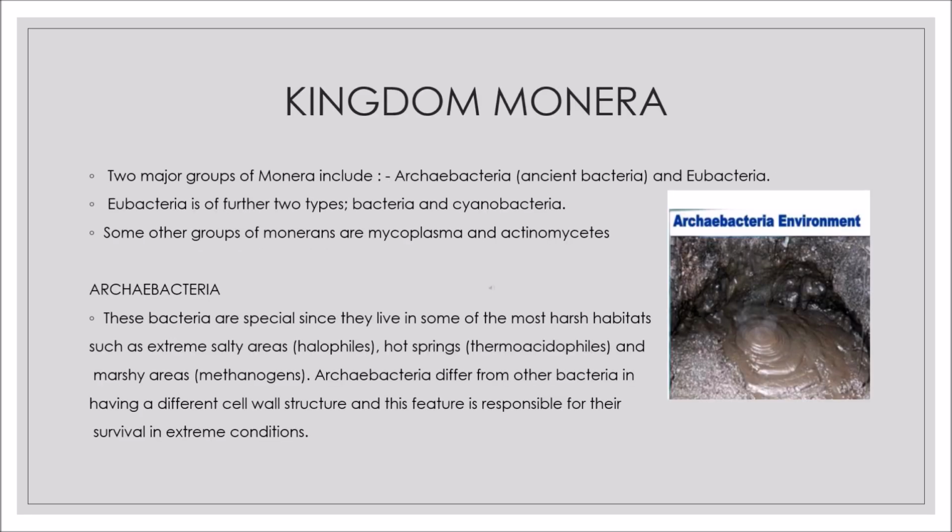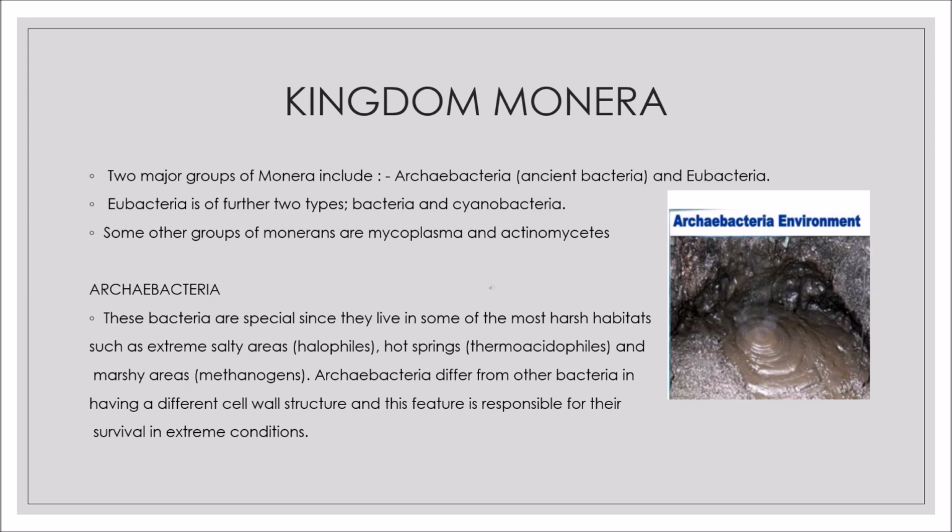Now we are going to see the five kingdom classification in detail. We saw that it is divided into five different kingdoms. Under each kingdom, what are the subcategories? All those things we are going to see now. So the first kingdom is kingdom Monera. Two major groups of Monera are there.